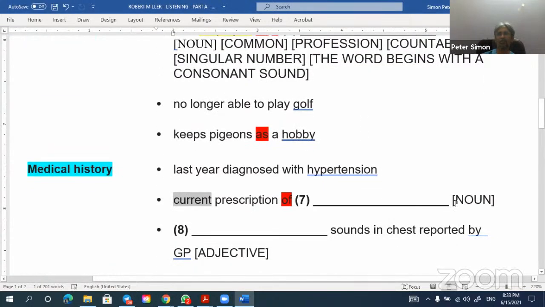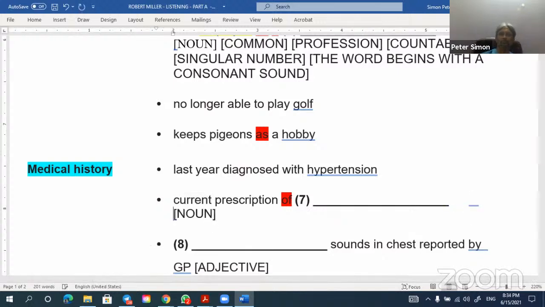Seventh one is here. This is a noun. Prescription of something. It may be a noun, countable or uncountable. Anyone it may be, because this is a prescription. Prescription of something. What is that something?